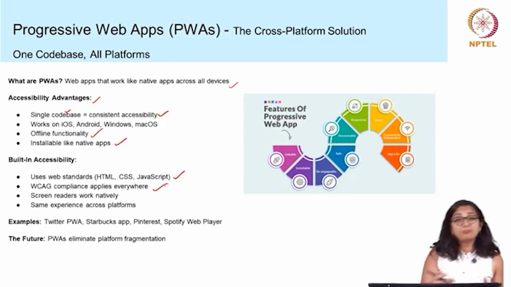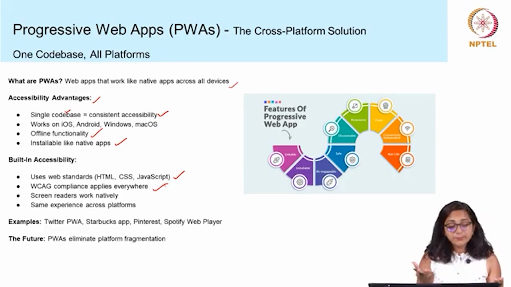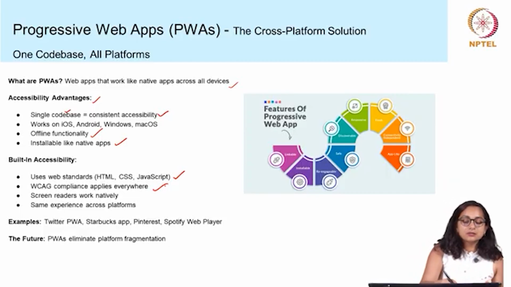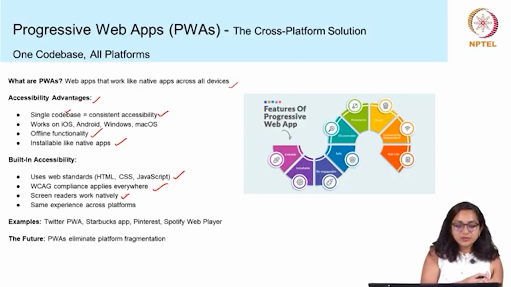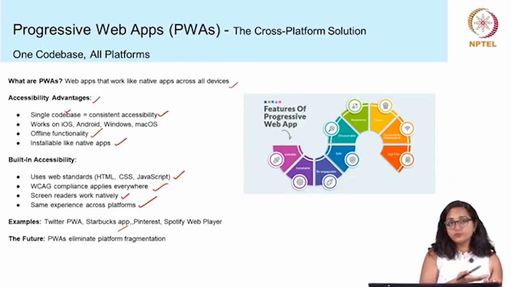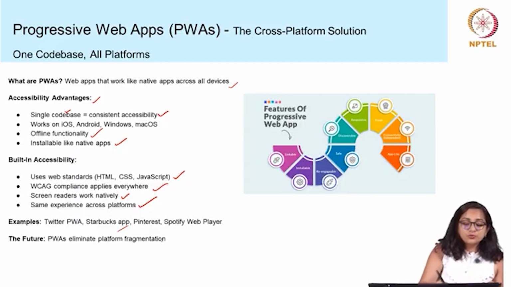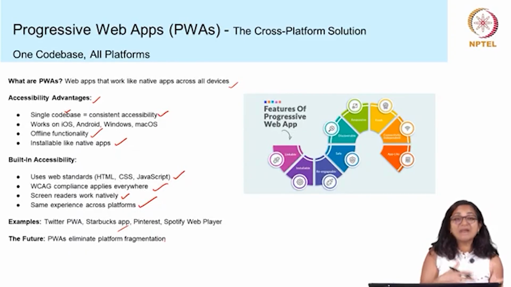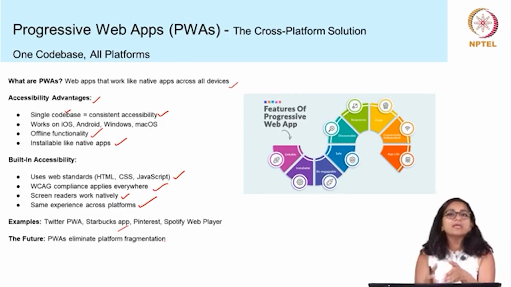WCAG compliance applies everywhere because it is a web-based app. Screen readers work natively. Same experience across platforms, which is the most important part. So examples: Twitter PWA, Starbucks app, Pinterest, Spotify. If you open these on a laptop or on a phone, you'll be able to understand that they are all web-based apps. PWAs basically eliminate platform fragmentation and platform dependency also.